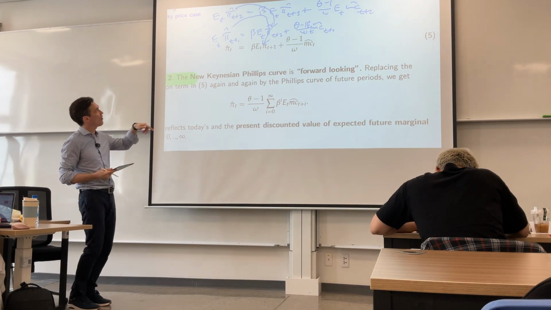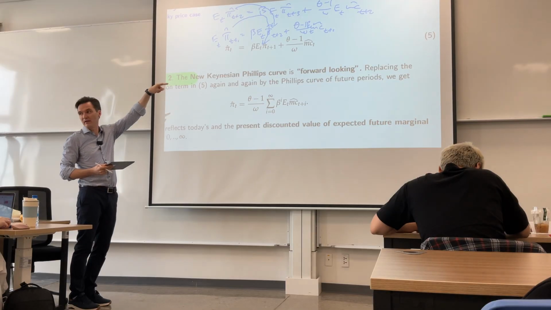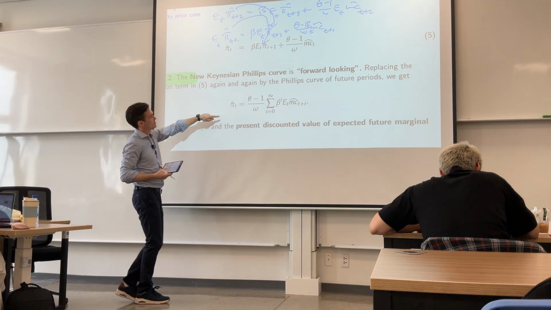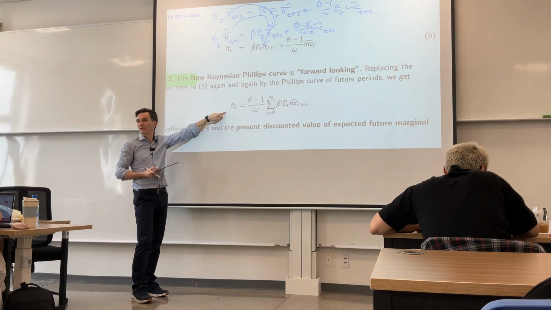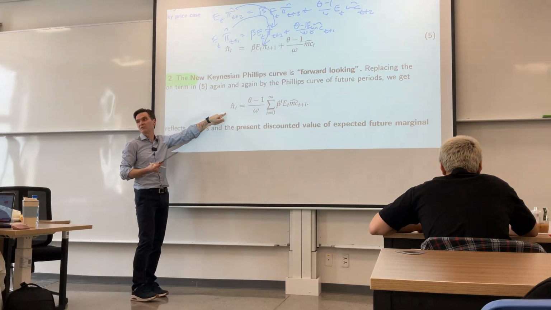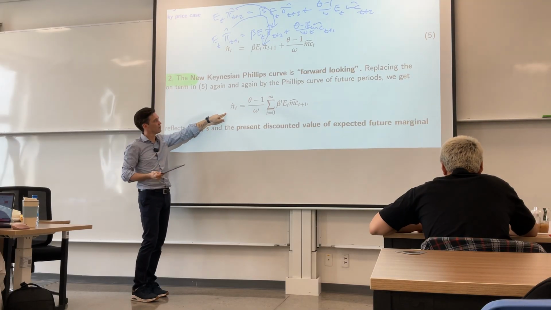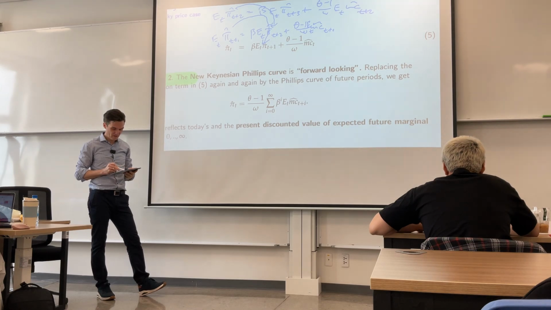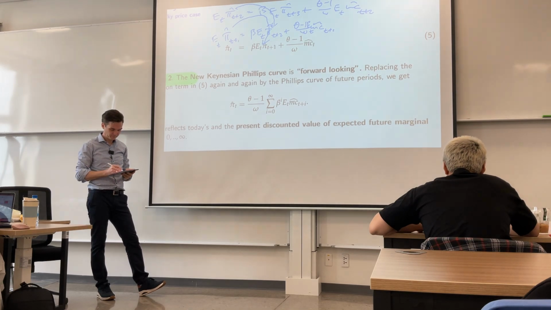So you keep always substituting out the expected inflation term over and over and over again. And then what you're going to get as a result is that equation. So you're literally getting rid of the expected inflation by substituting over and over. And as a result, you're going to get that little equation here, which is a very powerful equation.